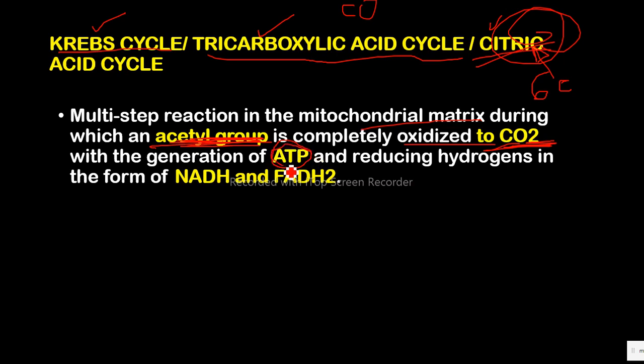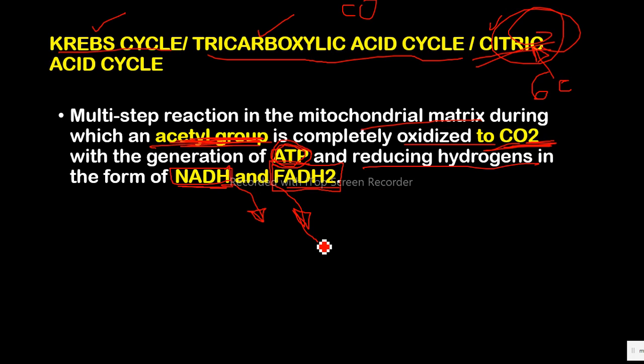The ATP formed here is formed by substrate level phosphorylation, and the hydrogen ions that are produced are the ones that will reduce the NAD and the FAD. The reduced NAD is transported to the electron transport system, and the reduced FAD will also follow the same path, to be transported to the electron transport system for further oxidation to produce ATP by chemiosmosis.